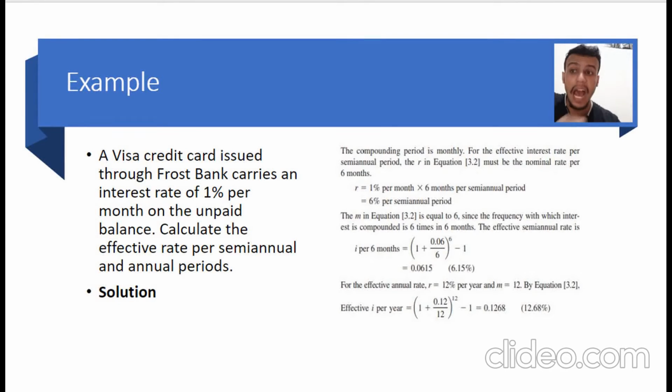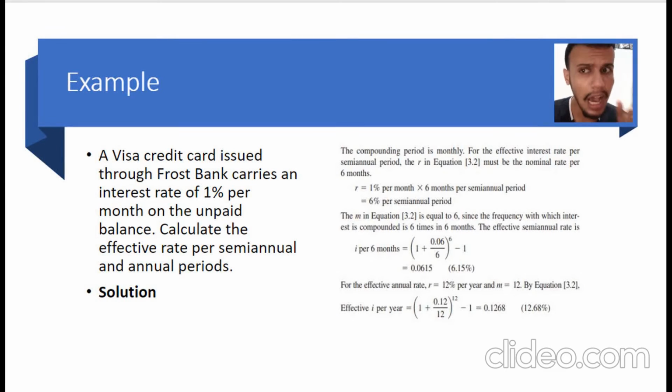Example: a Visa credit card issued through Post Bank carries an interest rate of 1% per month on the unpaid balance. Calculate the effective rate per semiannual period and annually. The solution: we will correct the interest rate.